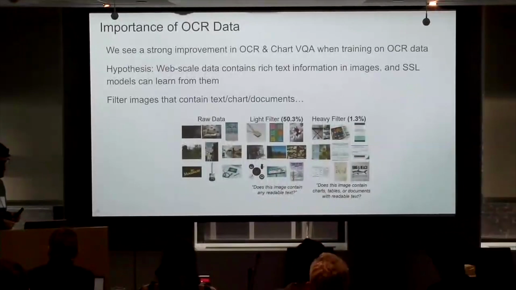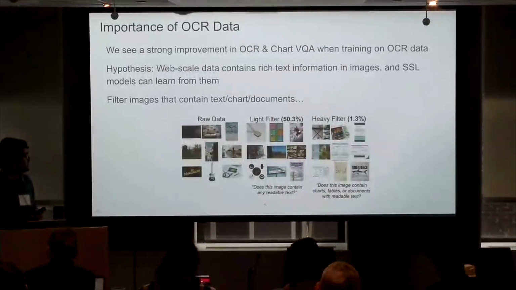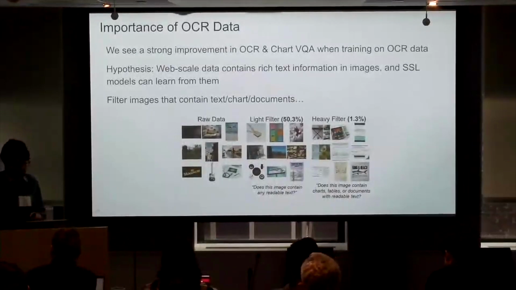To verify this hypothesis, we designed a very simple filter based on a VLM, asking, does this image contain any readable text? We get a subset of MetaClip which is half the size. And we can use an even more aggressive filter to get 1% of the overall MetaClip data.